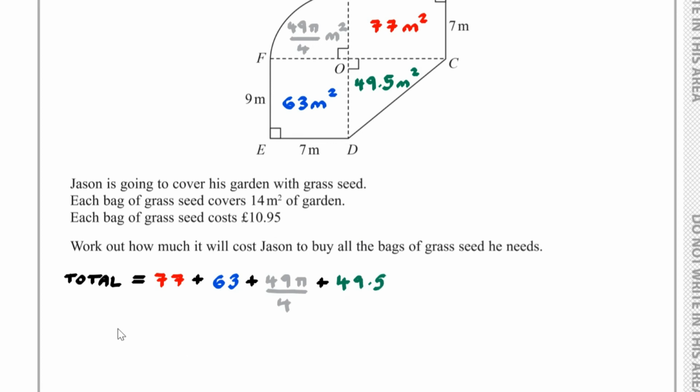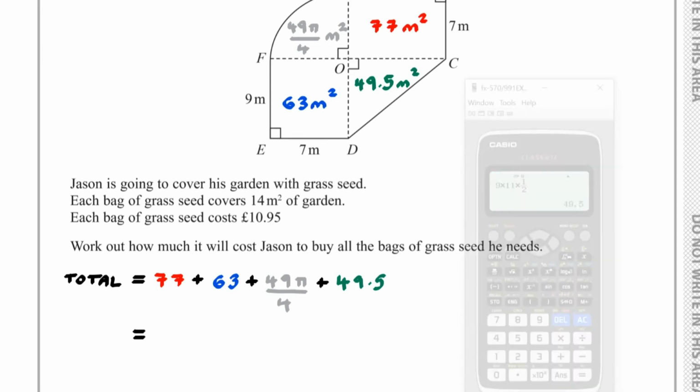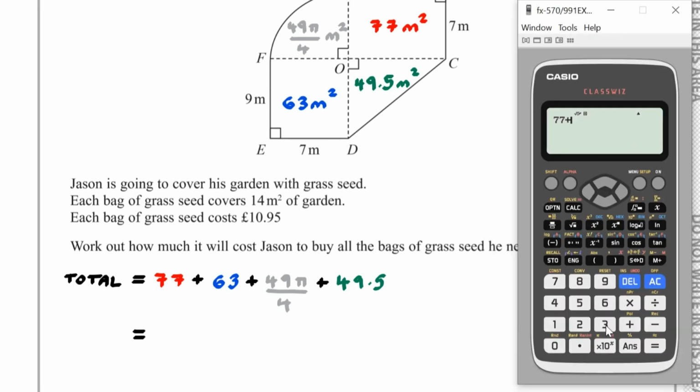And if we work out what this is all equal to, it turns out we have 227.98 etc. meters squared.